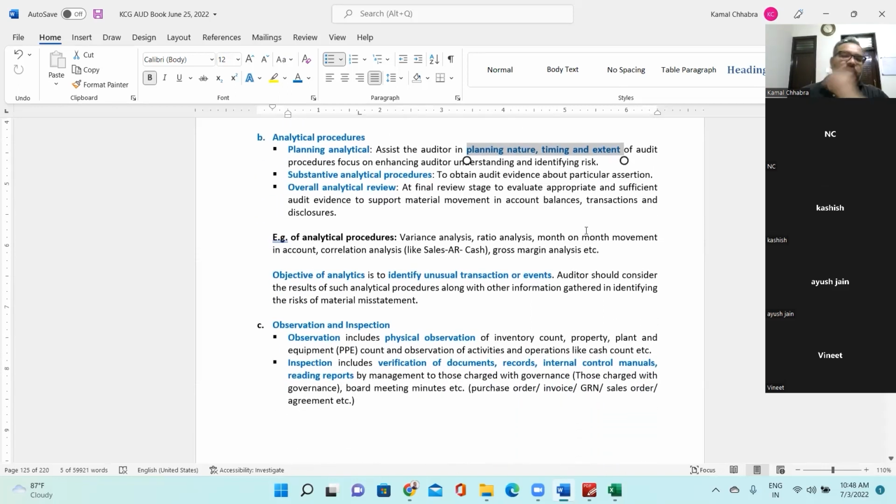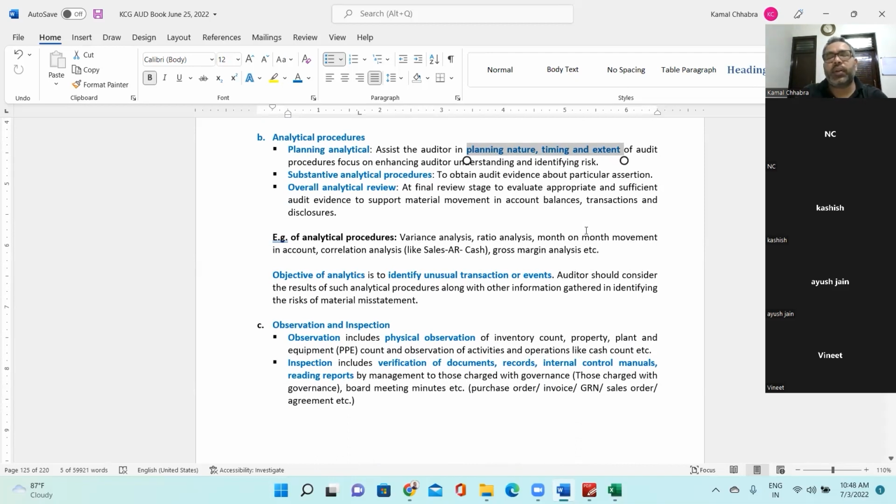Okay, the objective of analytics is to identify unusual transactions or events. So the objective of all this analysis is basically to identify unusual transactions or events in the respective financial statement line item. An auditor should consider the result of such analytical procedures along with other information gathered in identifying the risk of material misstatement.